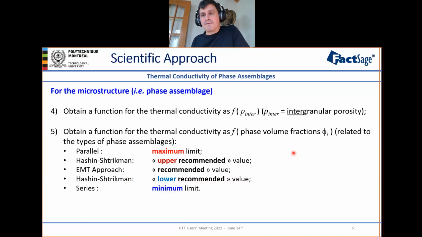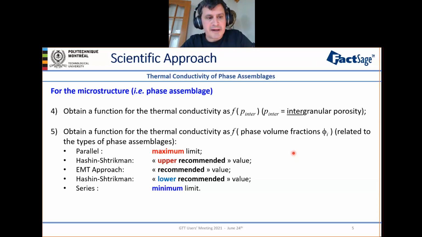Steps number 4 and 5 are to introduce mixtures of grains inside a microstructure, and that can include intergranular porosity, which can vary quite a lot. This is step 4 for the intergranular porosity, and step 5 is the impact of the volumetric phase fractions as computed by Equilibre.